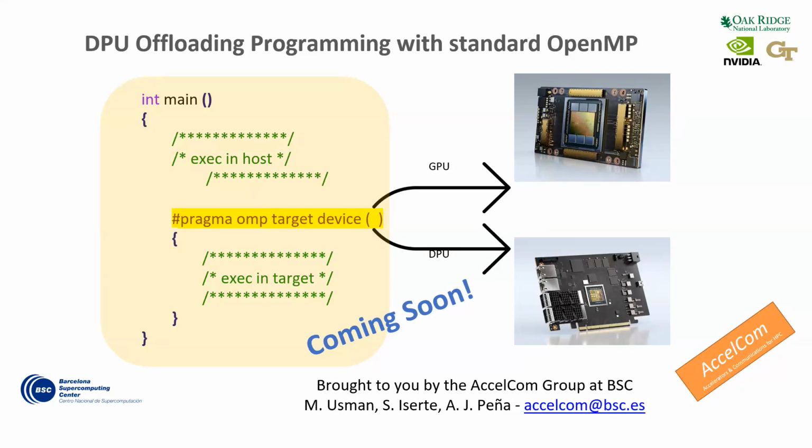However, performance is going to be different, of course, but the abstraction layer in the programming model will enable us to do that. As a matter of fact, there's preliminary work in this area that Barcelona Supercomputing Center is working on, using OpenMP target offload to run the SPEC ACCEL benchmarks that target the GPU, all working on the DPU.